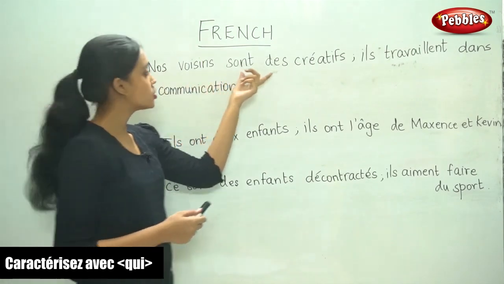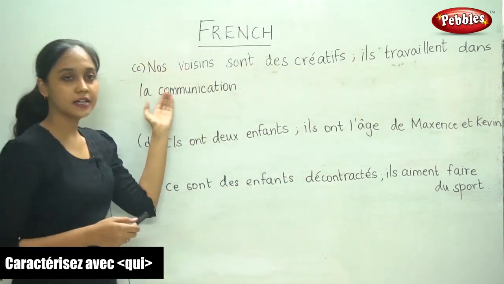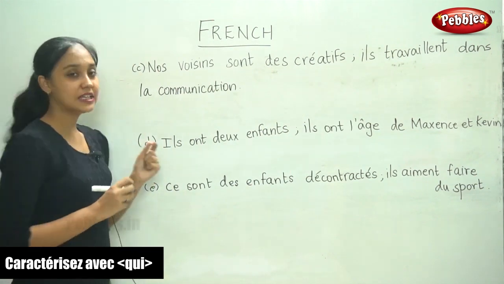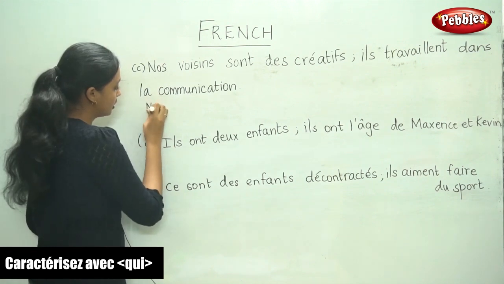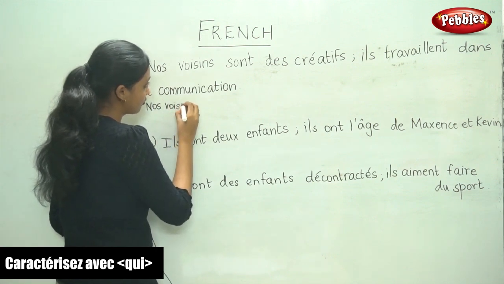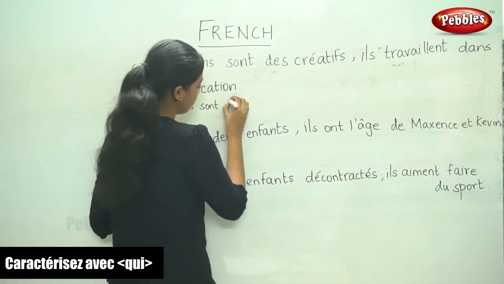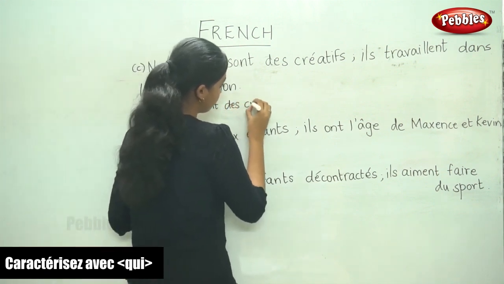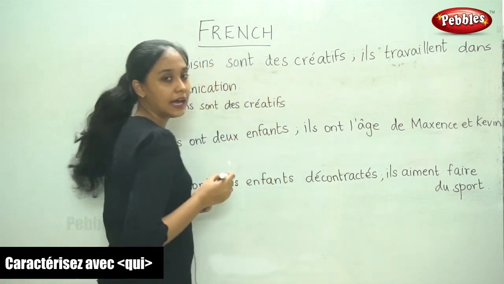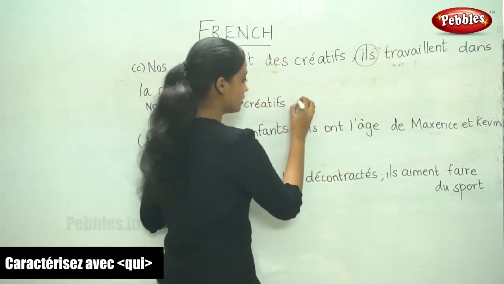Nos voisins sont des créatifs. Ils travaillent dans la communication. So now, how do we write this? Using qui. The first sentence is the same. And in the second sentence, we replace the subject with qui.